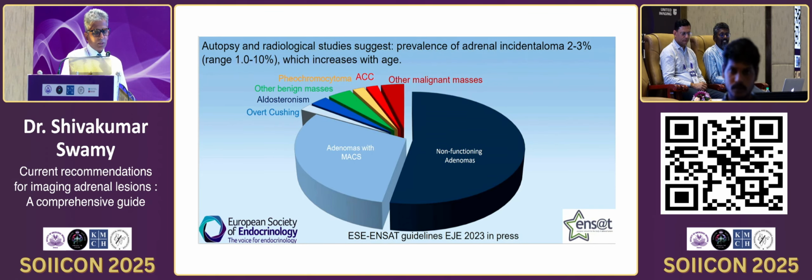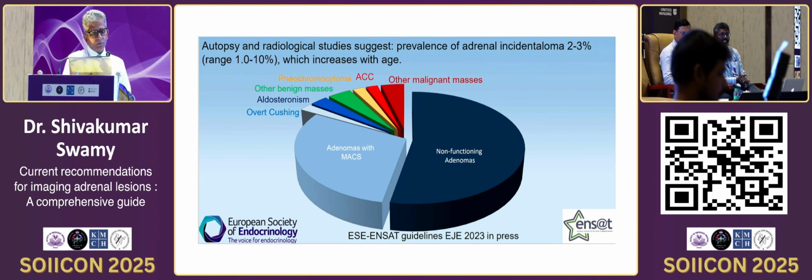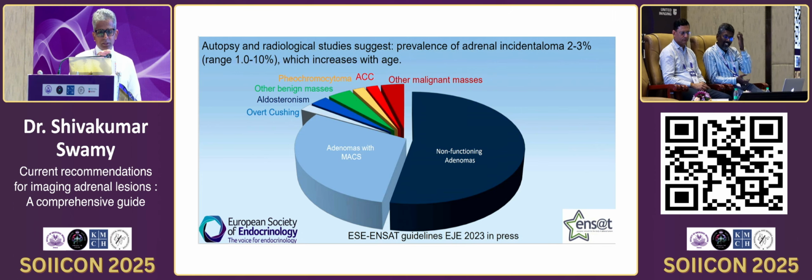We don't know what to do, and that's what the guidelines are there for, to do this assessment. And of the remaining, there are quite a few other lesions that are detected. Very rarely you get to see adrenal carcinomas.